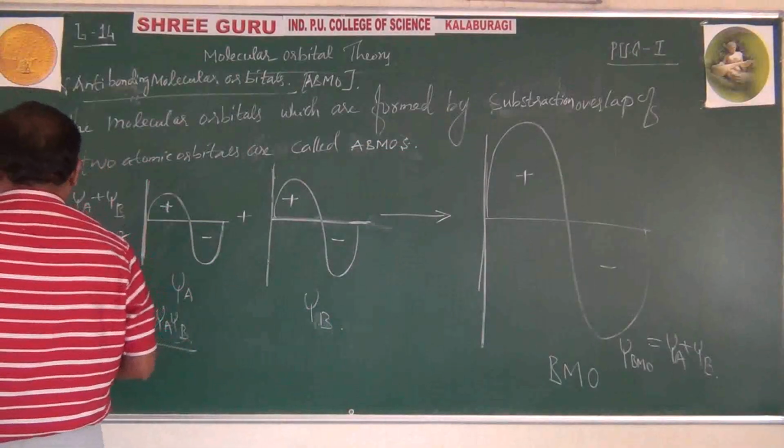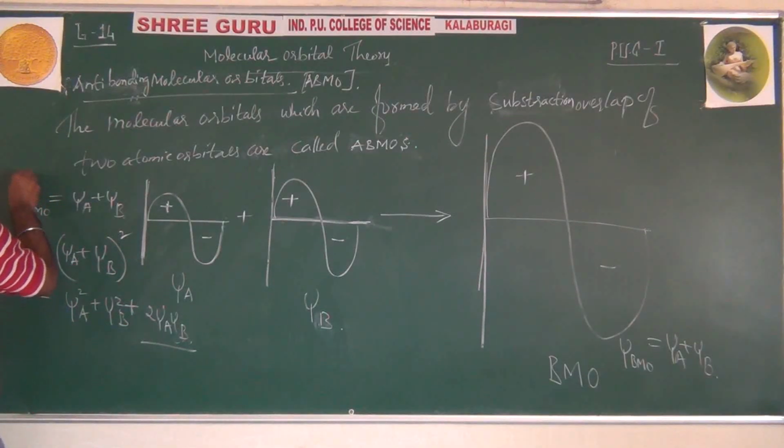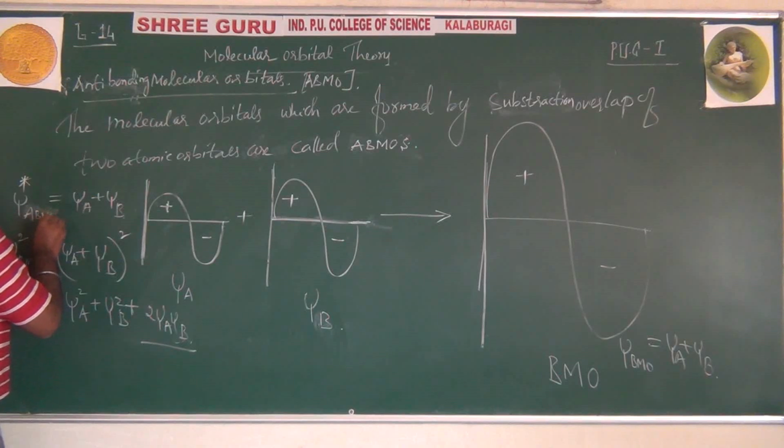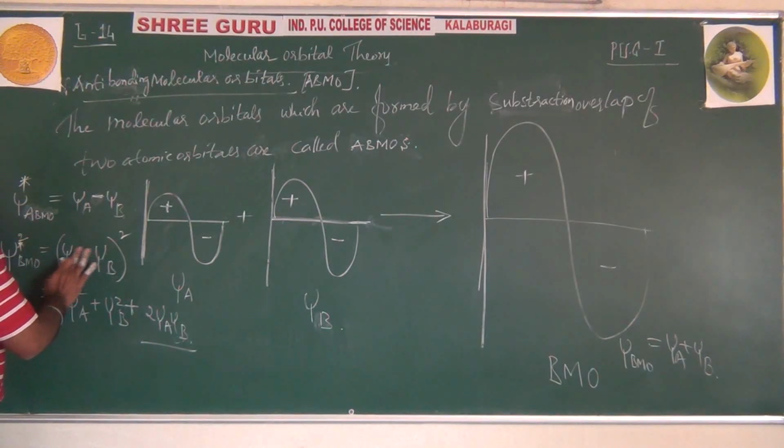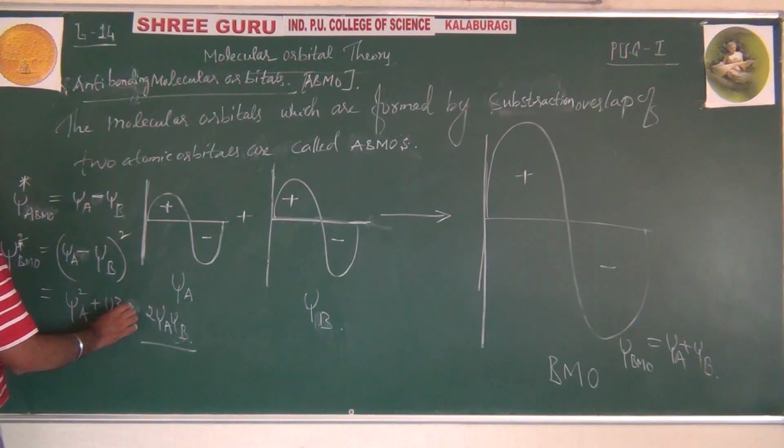And here also, the antibonding molecular orbital is given as psi star ABMO, and that is psi A minus psi B, because it is a subtraction of wave functions. This is psi square A plus psi square B minus 2 psi A psi B. That means here electron probability density decreases by a factor of 2 psi A psi B, because here there is repulsion, not attraction, between the nuclei. Got it? Very simple.